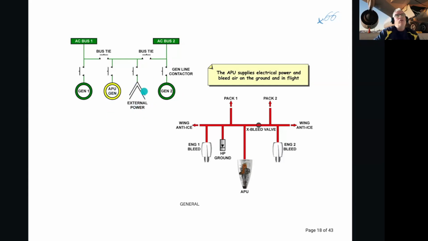Then you require an external power to be connected to supply your electrics. So I've got APU supplying bleed on the ground and electrical power on the ground or in the air as and when required.